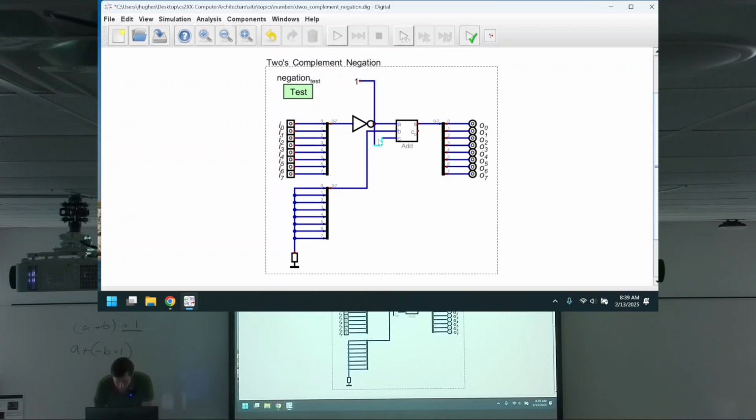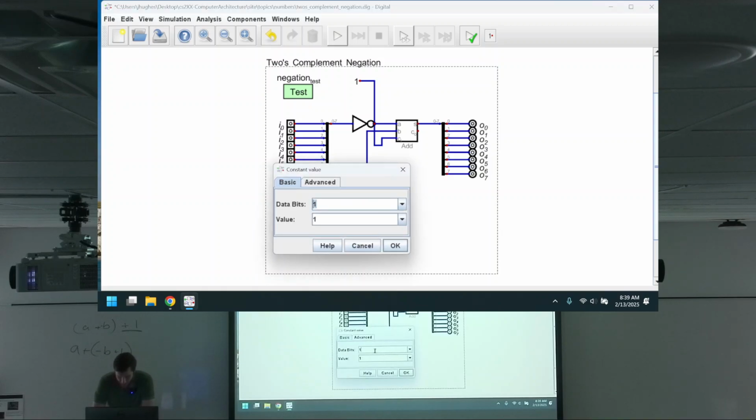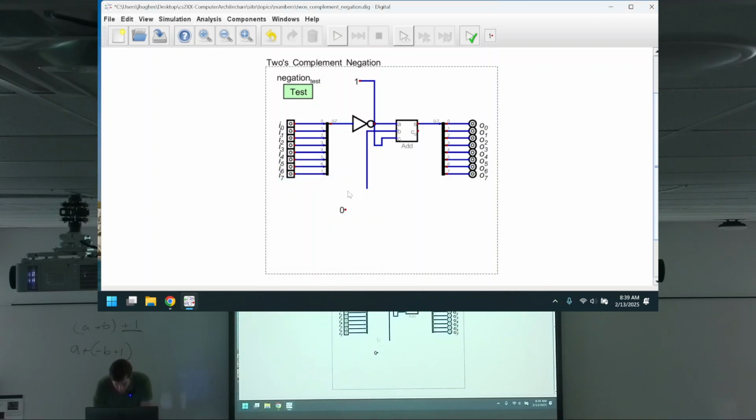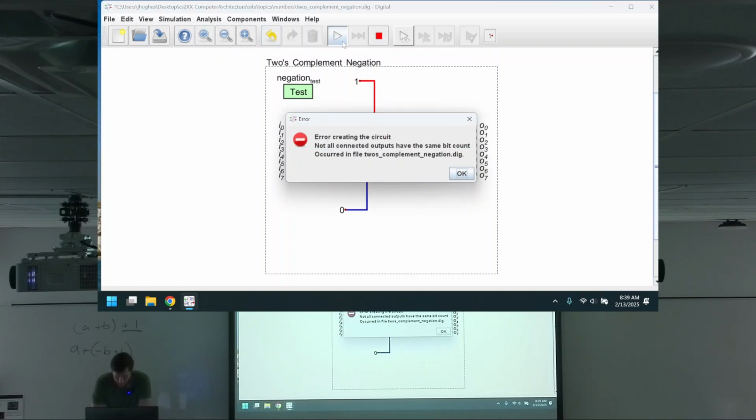There. Oh my goodness. Just go with it. And I could have done this, but how many data bits? 8. And we give it 0. There. And now when I run, oh, what did I do wrong?